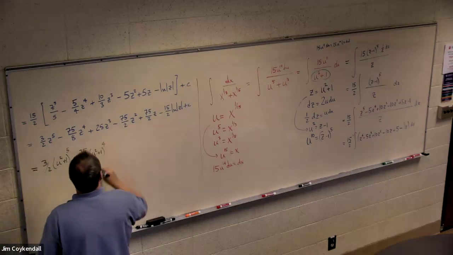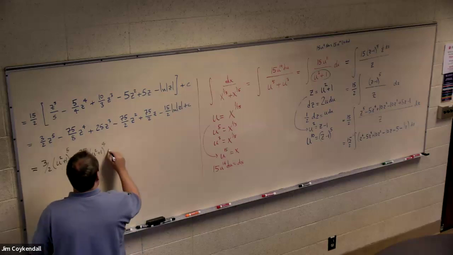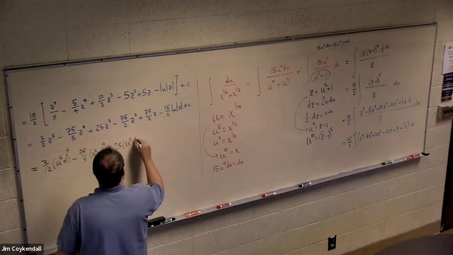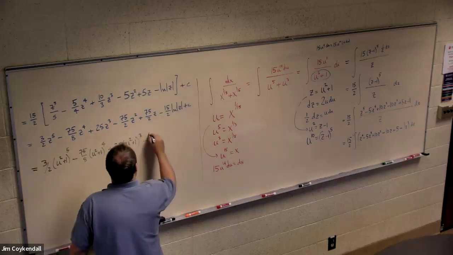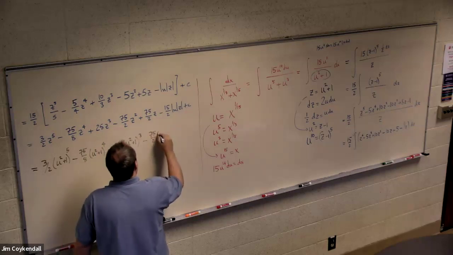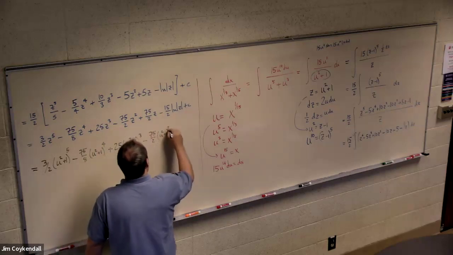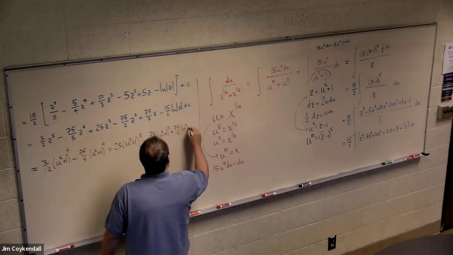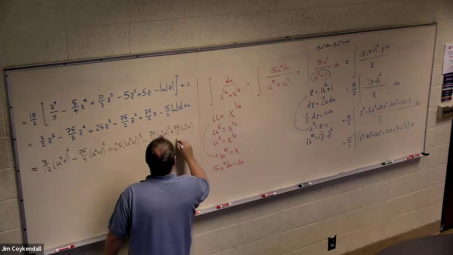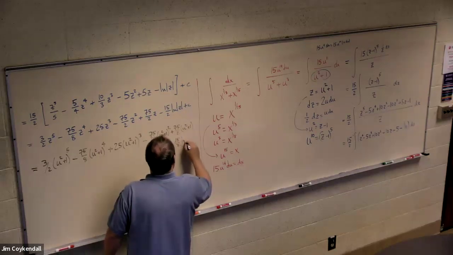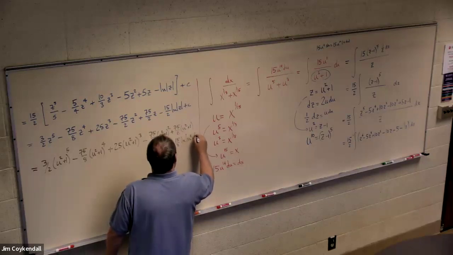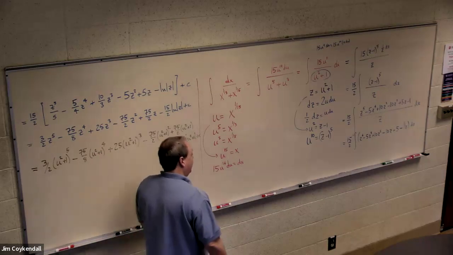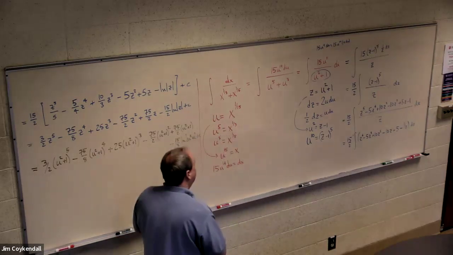Plus 25 times u squared plus 1 cubed, minus 75 halves times u squared plus 1 squared, plus 75 halves times u squared plus 1, minus 15 halves natural log of u squared plus 1, plus C. And in the final step, you need to go all the way back to the original variable.